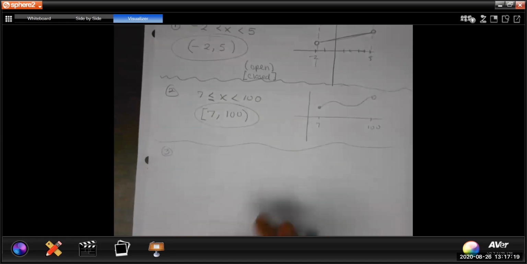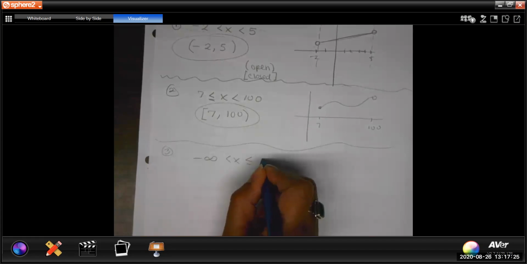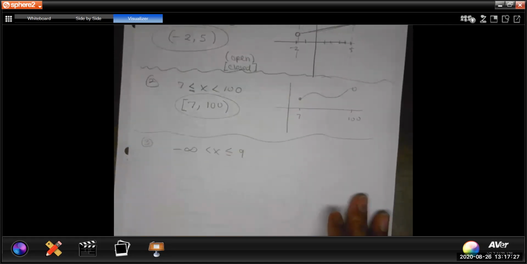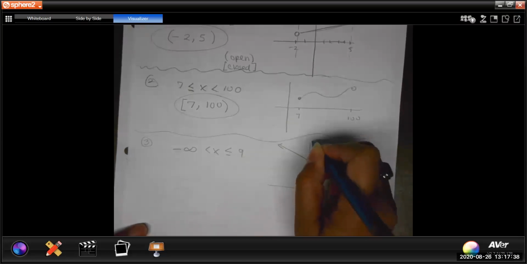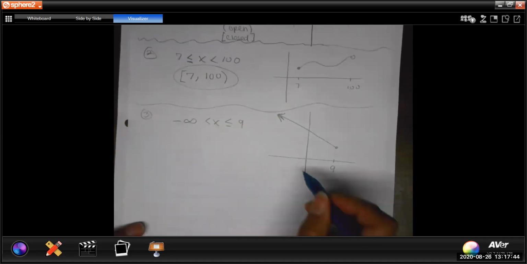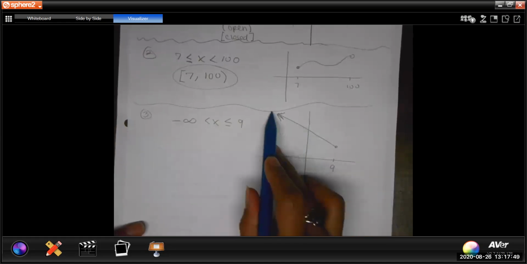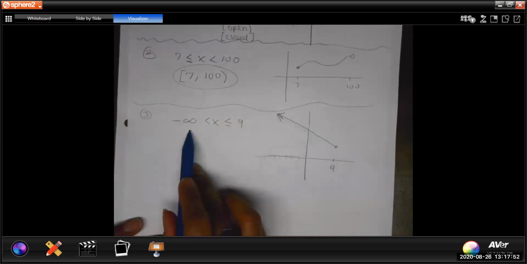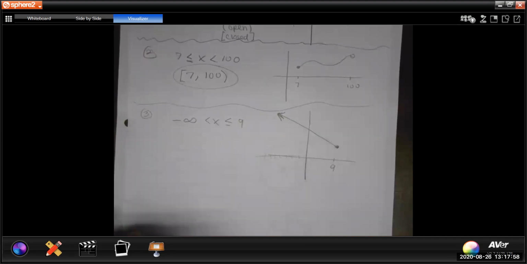Okay. Number 3, something like this. All right. So if I had something like this, all right, so on the x-axis, I look to the left, and since it goes to the left forever, I'd say -infinity is less than x, and x is less than or equal to 9, less than or equal to because that is closed.